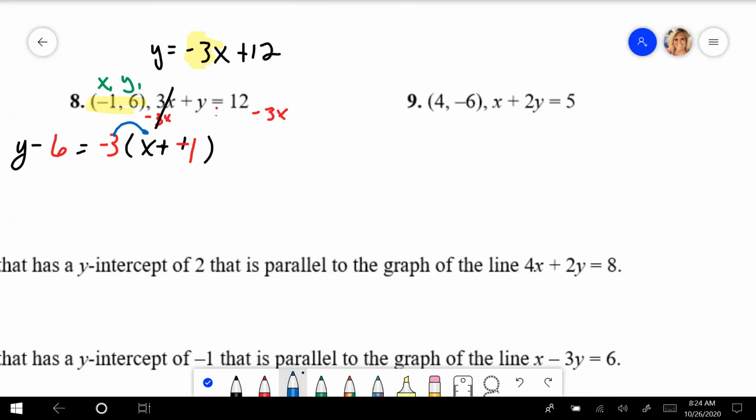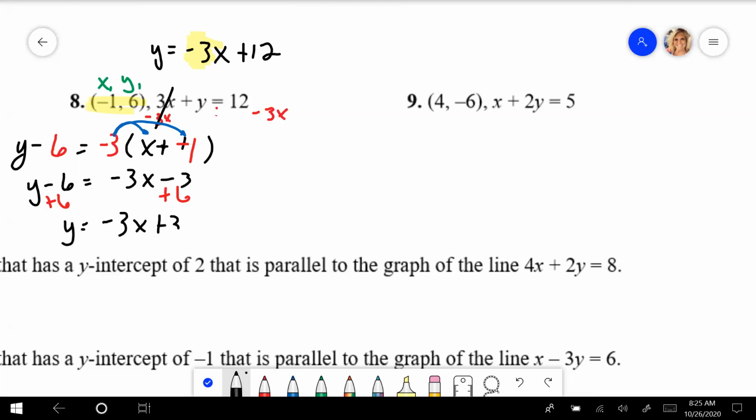And then I need to multiply. So I have y minus 6 equals negative 3x minus 3. I need to add 6 to each side. And I'm going to get y equals negative 3x plus 3.